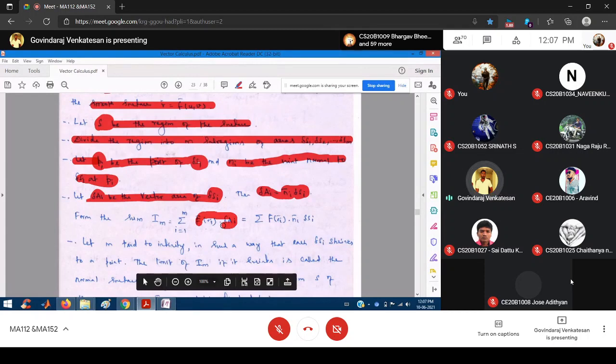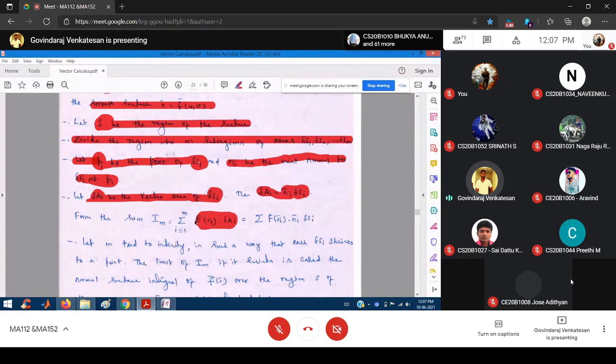I am considering only the small region delta Si. So if I extend to the m number of regions, I make the summation, denoted as the summation i running from 1 to m of F of ri dot delta Ai. Already we know delta Ai is nothing but Ni times delta Si.